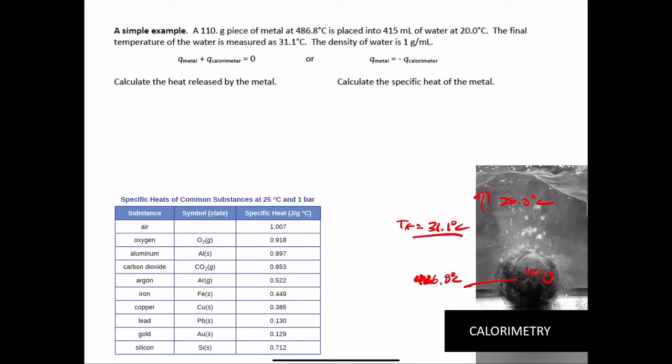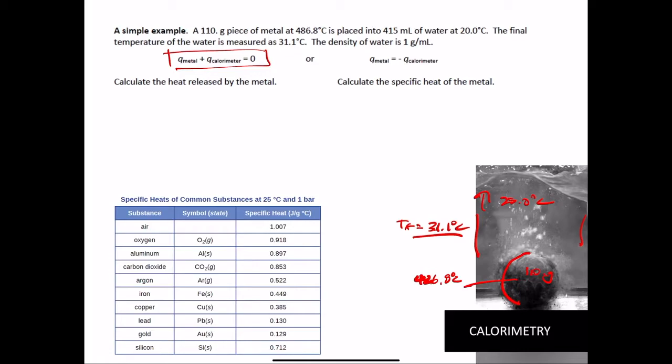Okay, so let's see. What we can use is basically the first law of thermodynamics, right? If the system is only composed of the metal and the water, that means all the heat from the metal must go to the water or the calorimeter.